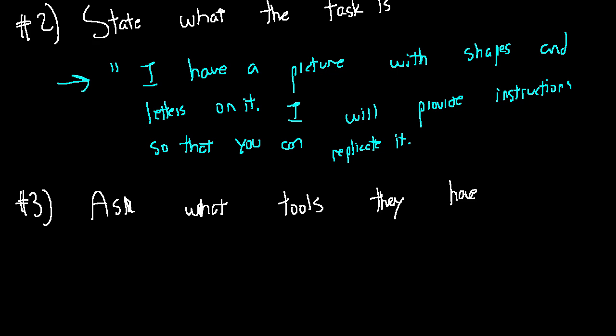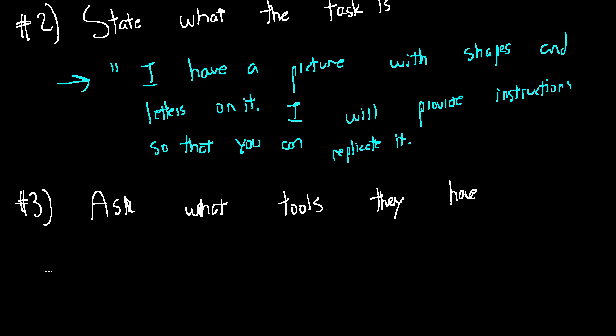So we might want to see if they have any of these things, right? It'll be more efficient if we find out if they have them and then incorporate them into our instructions than assuming they don't have them and then wasting time. When they're trying to draw a straight line and make it nice and straight, they could have just used the ruler, right? You can say, take a ruler and draw a straight line across the paper. It'd make the process a lot easier. So ask what tools they have.